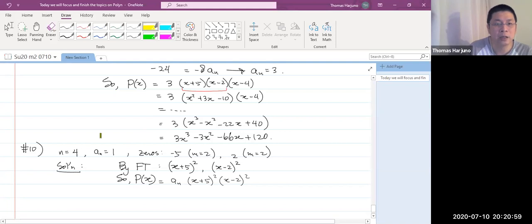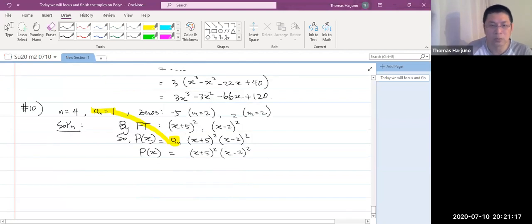But they say the leading coefficient is 1. So our P(x) is simply (x plus 5) squared (x minus 2) squared. Then let's FOIL that. The first one will be x squared plus 10x plus 25. Second one is x squared minus 4x plus 4.